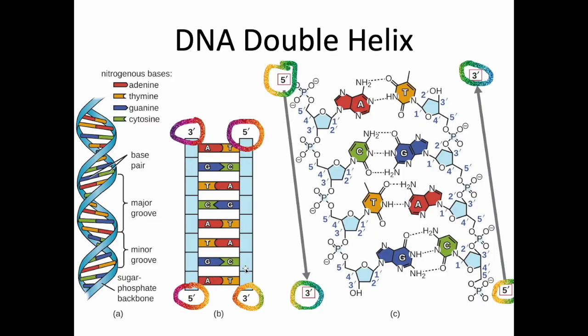The other strand is going to be opposite. Its 5' is at the top, its 3' is at the bottom. We see this over here in the more detailed one as well. The one on the left is running 5' to 3'. The strand on the right is running 5' from the bottom to the 3' at the top.